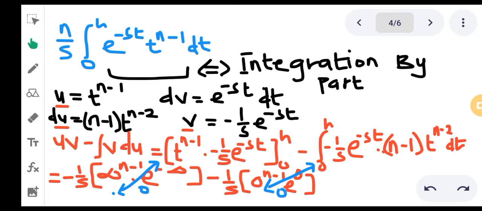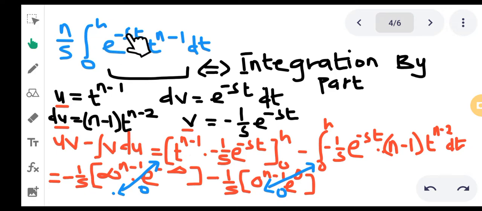We also integrate this one by parts. As we did for the previous ones, you make your u to be t exponent n minus 1, then you make your dv to be e exponent minus st dt.